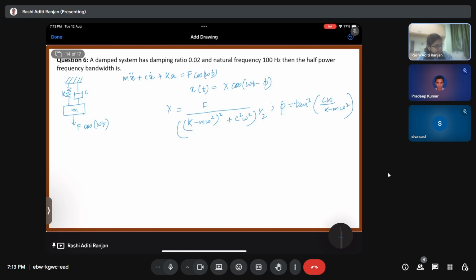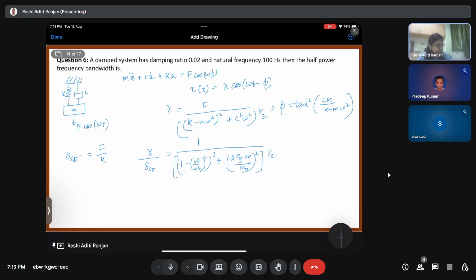So we define F by k as static deflection, delta st. In terms of this, we can write the equation X by delta st as 1 by [(1 − (ω/ωn)²)² + (2η ω/ωn)²]^(1/2).